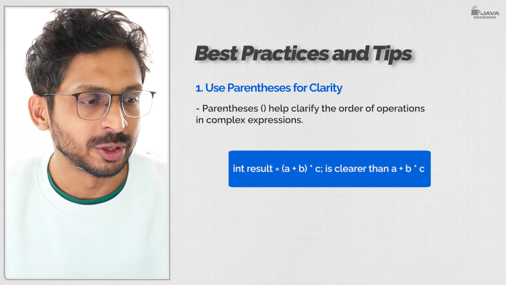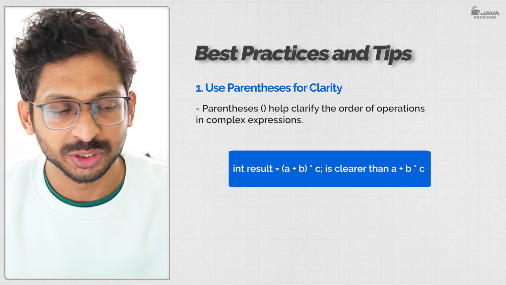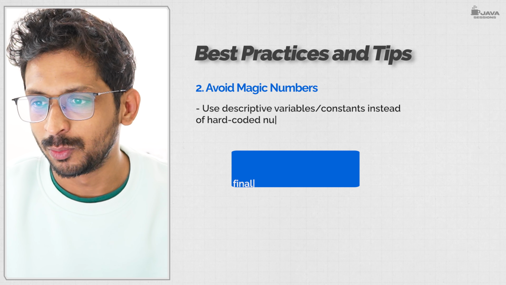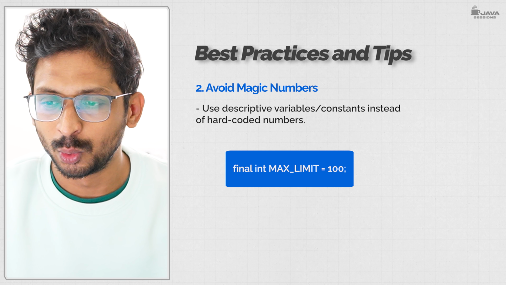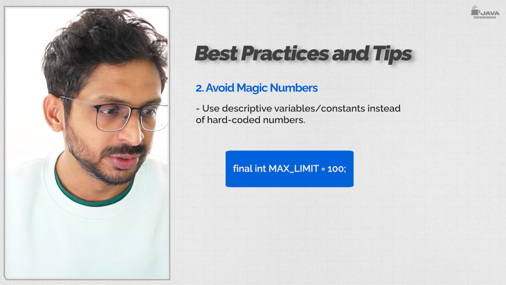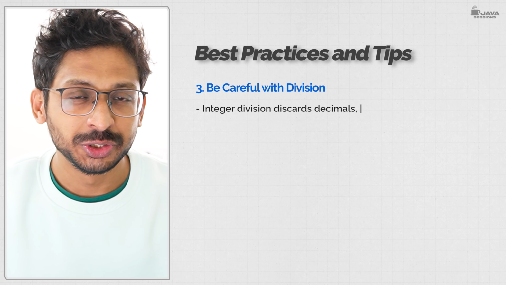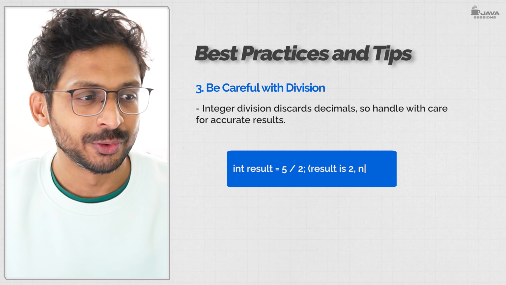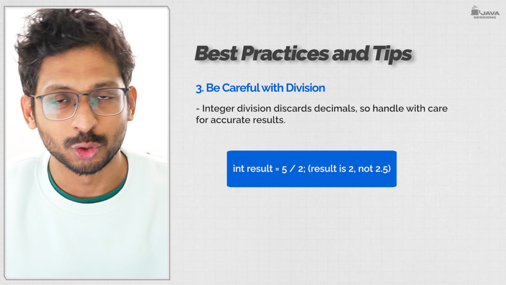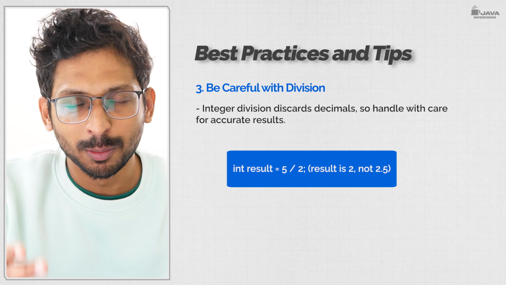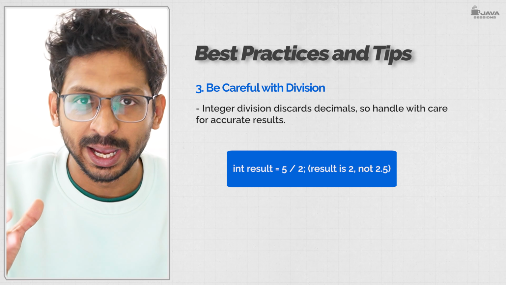This helps avoid confusion and ensures that your logic is executed as you want it to be. Avoid magic numbers, avoid hard coding values in your code. Instead, convert them to variables. That makes your code much more readable and maintainable. And be cautious with the division operator, because integer division in Java drops the decimal part. Whenever you're working with division, make sure you're using double or float for more accurate results.